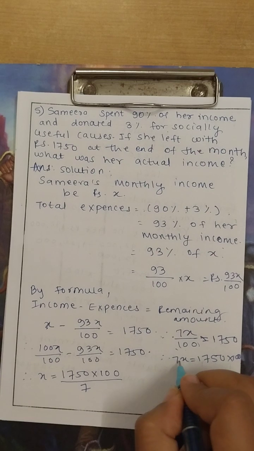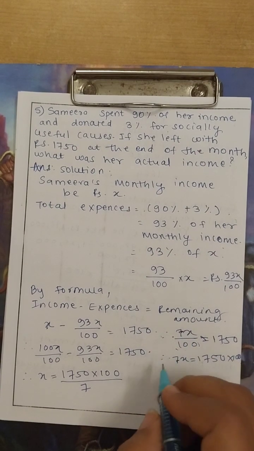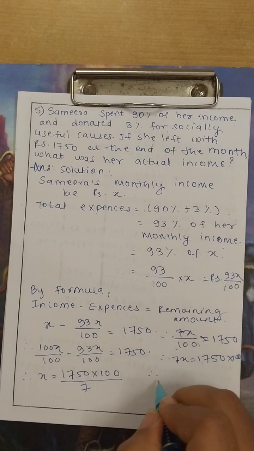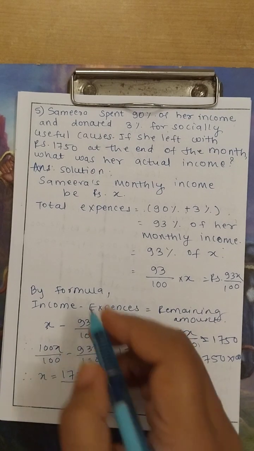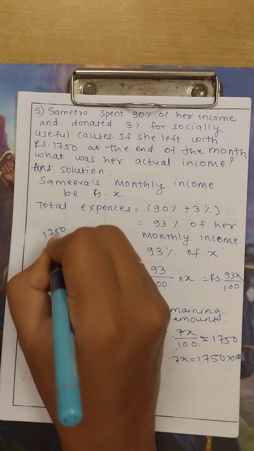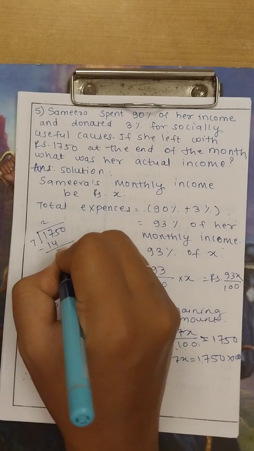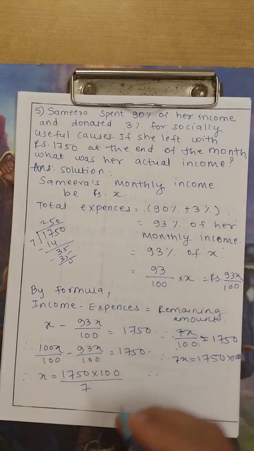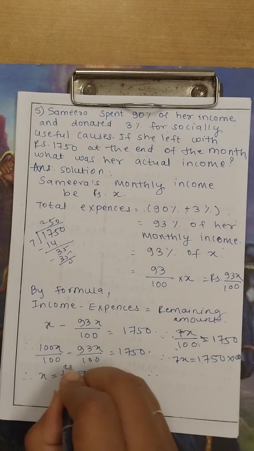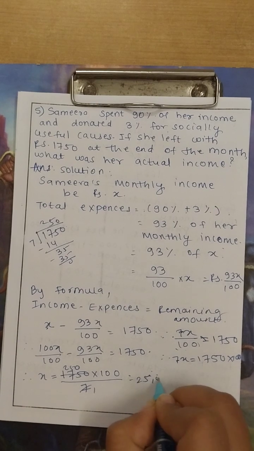This multiplied by 7 move to the another side of is equal to sign become divided by 7. Therefore 1750 divided by 7. 7 2s are 14, 3, 5, 7 5s are 35, 0 and this 0. 250. 250 into 100 is 25,000.